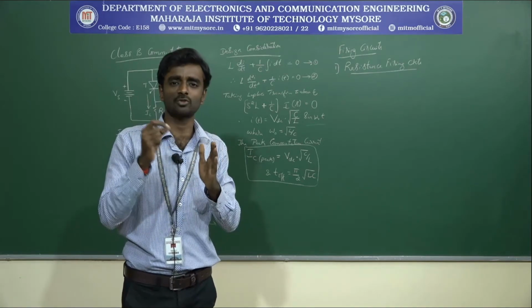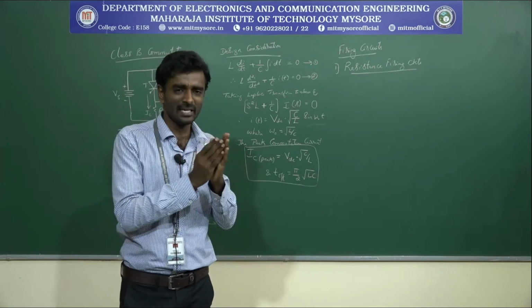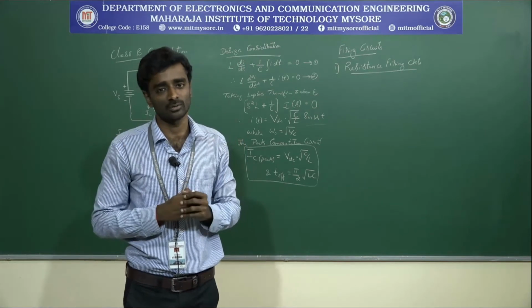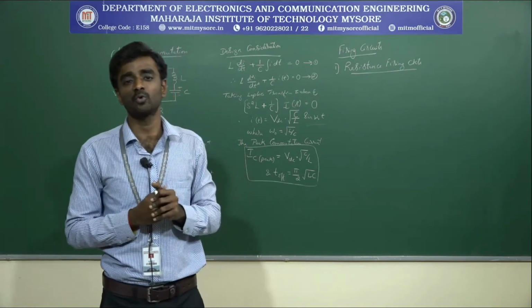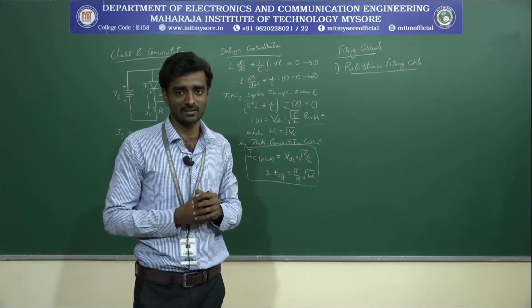The triggering voltage to turn on any of your thyristors varies from 5 volt to 20 volt. That is the range of your input voltage to trigger on your thyristors.